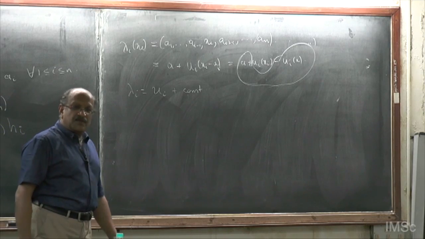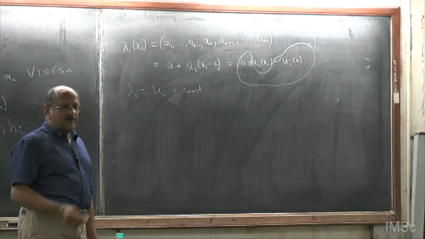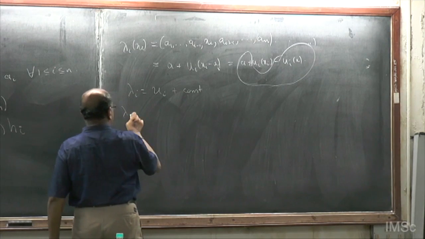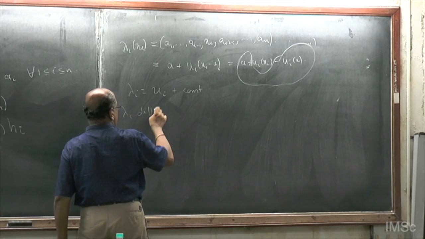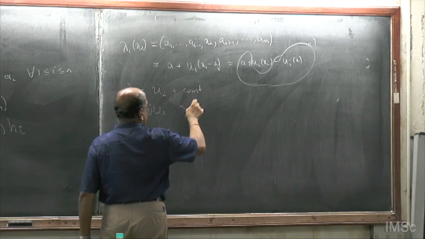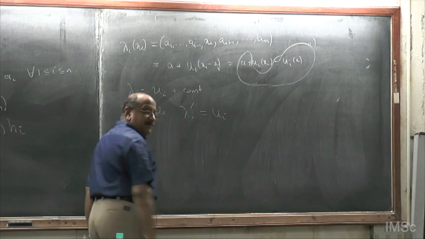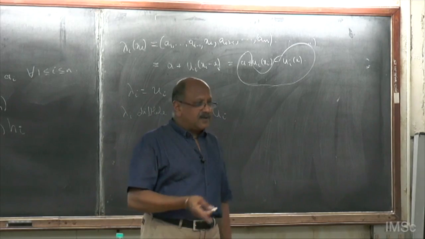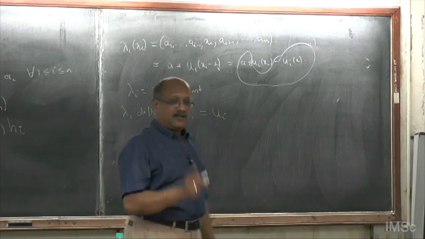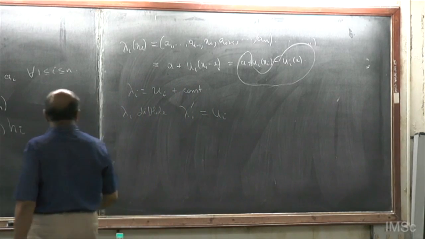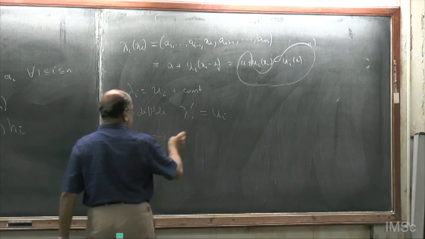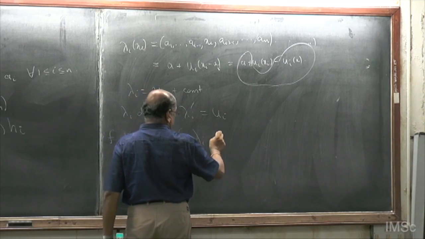So, lambda I is differentiable because it is a linear map plus a constant, and lambda I dash is nothing but ui, because we saw this yesterday. If you have a linear map plus a constant, the derivative is always the linear map. So, f differentiable implies by the chain rule f composed with lambda I is differentiable.